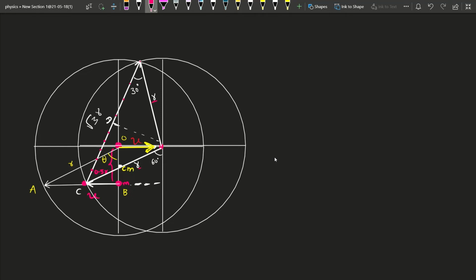If this is 60, this angle is 90, and this is 30, and this is 30. I already told you this alpha we are getting here. The alpha value we are getting is 30. So this is also 30. So this angle is also 30. Here also we are getting 30 because the radius is the same, the opposite angles will be equal. So this angle is 30, and this angle is also 30.